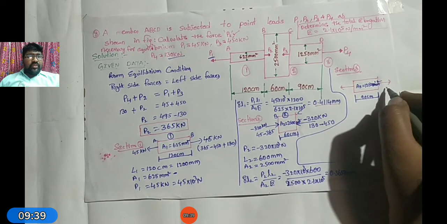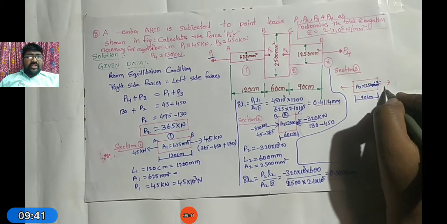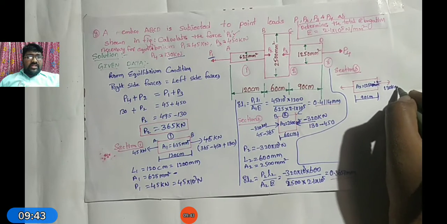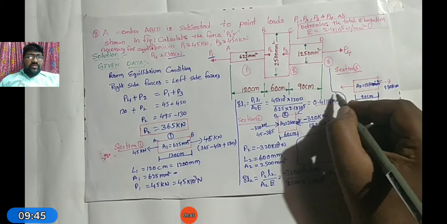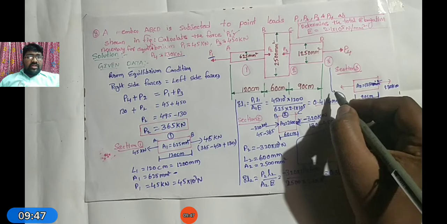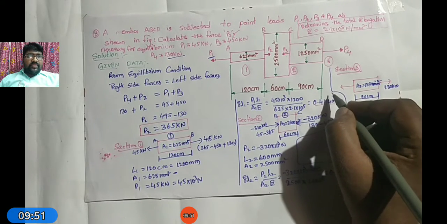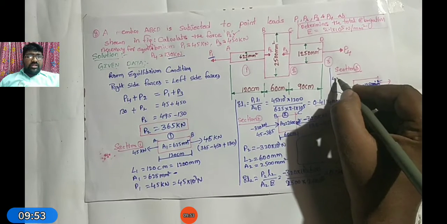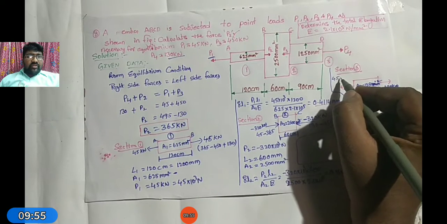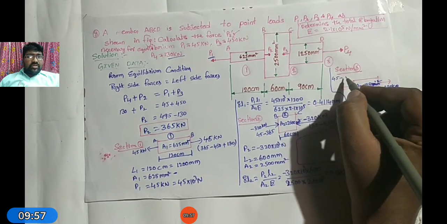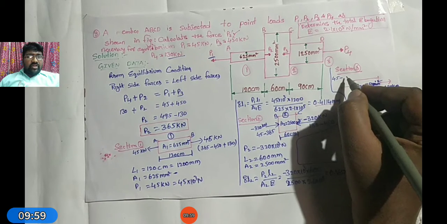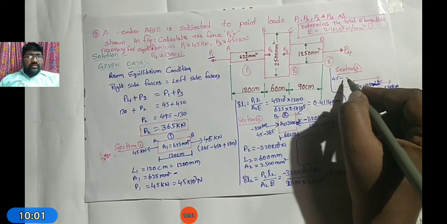Right side P4 value is 130 kilonewtons. Similarly, it is a tensile force. Left side also we will get 130. How? P1 is tensile, P3 is tensile and P2 is compressive. So P1 is 45 minus P2. P2 is 365, minus 365.